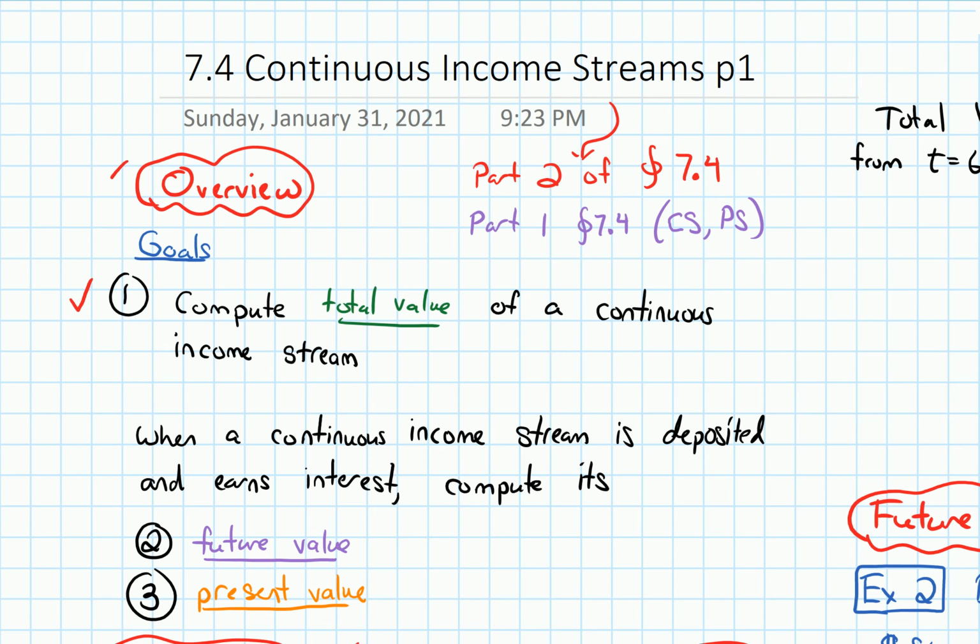So in the next video, we'll start to talk about a situation where we have a continuous income stream, but as we get that income, as it starts to come in, right away, we're going to be depositing that income into some account that earns interest. And in the next video, we'll talk about how do you compute its future value? How much that income, on top of that interest that it starts to earn, is going to be worth in the future.